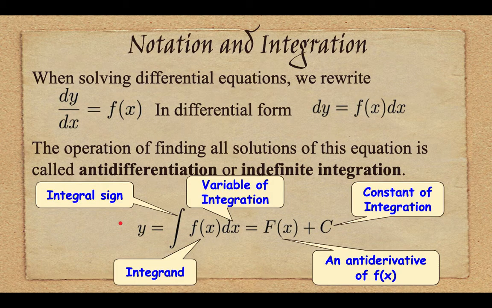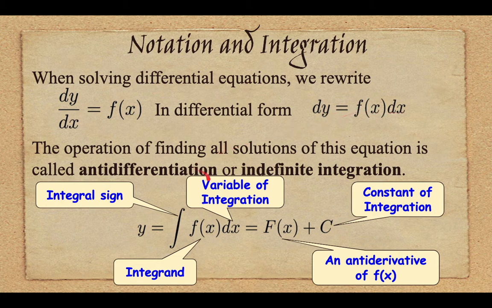Now here's this notation that we use. We'll start with the derivative, dy dx equals f of x. We're going to use that differential form that we talked about at the end of chapter 3: dy equals f of x dx.